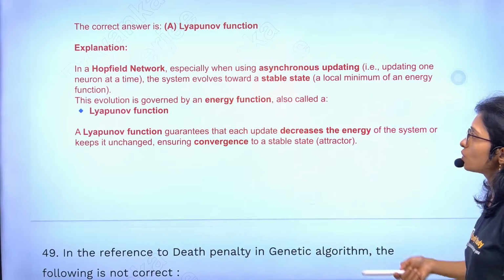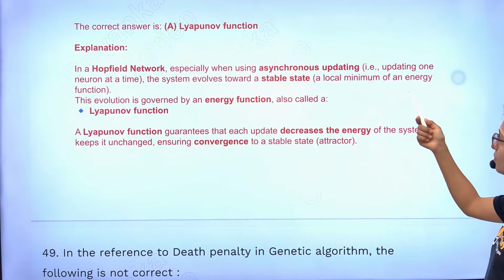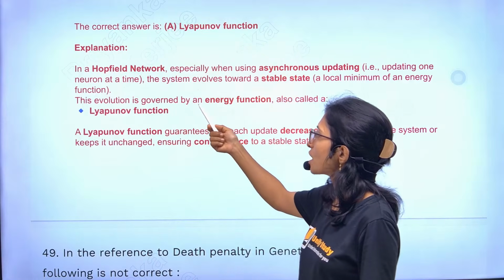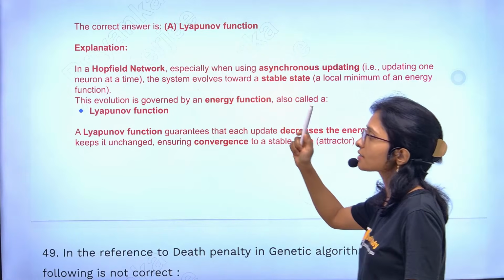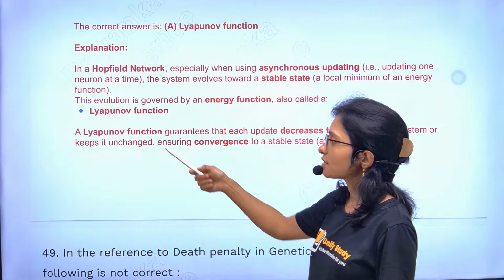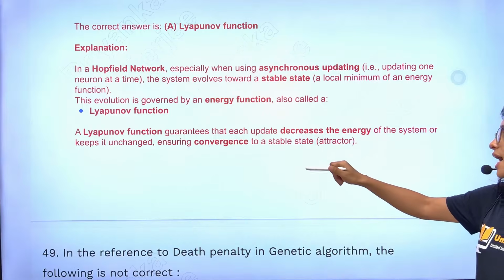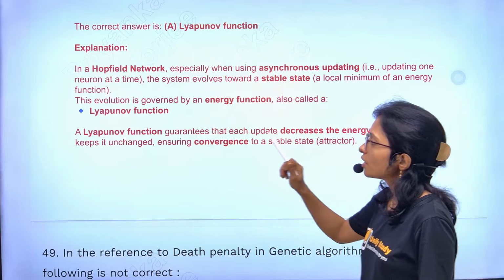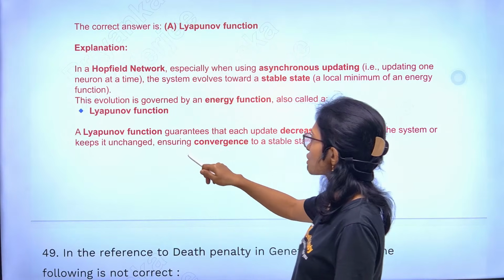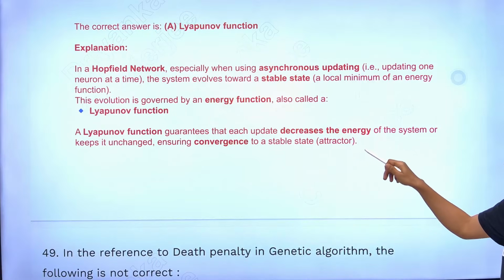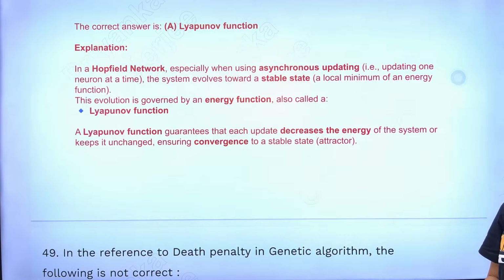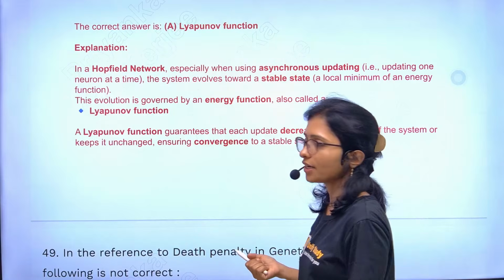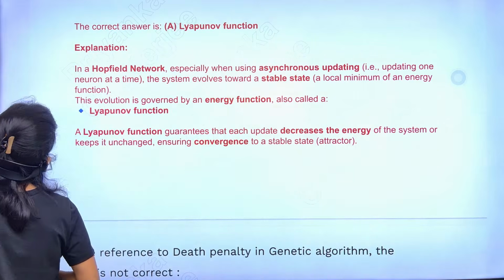The system evolves towards a stable state, a local minimum of an energy function. The evolution governed by the energy function is called the Lyapunov function. This Lyapunov function guarantees that each update decreases the energy of the system or keeps it unchanged, ensuring convergence to a stable state, that is an attractor. So you must write down what the Lyapunov function is and its relation with the Hopfield network. Must make a note in your notebook.